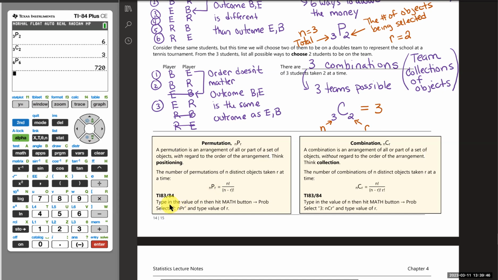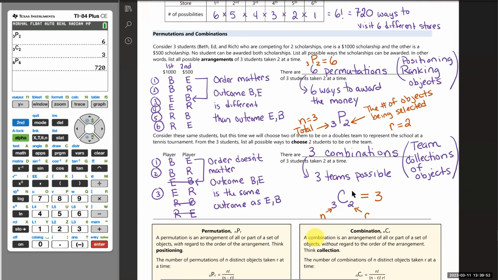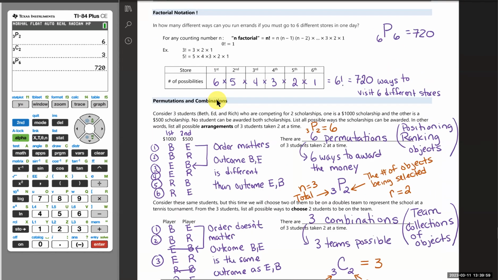But we'll go the technology route and focus our time on reading questions and figuring out if it's a combination question, a permutation question, or if it's a question that will be done using, I'm just going to write that here, the fundamental counting principle.